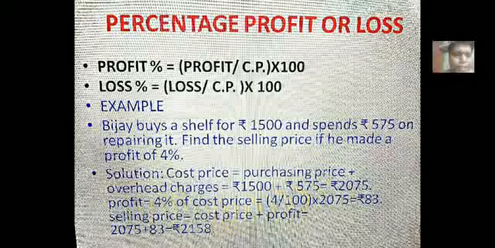Profit made is 4% of the cost price, so 4 by 100 into 2075, that is equal to 83 rupees. So selling price is equal to cost price plus profit, that is 2075 plus 83, equal to 2158. Understood?